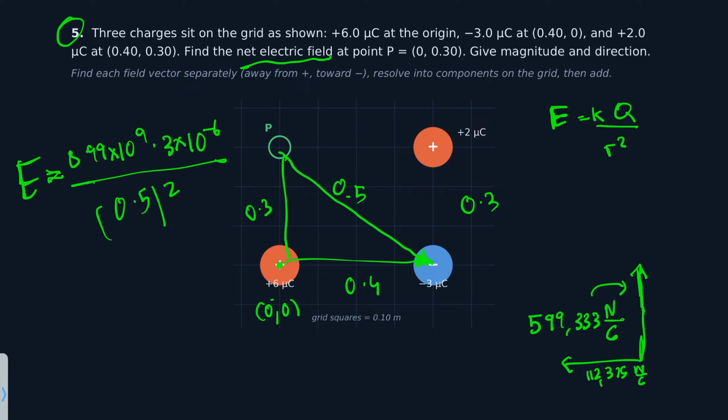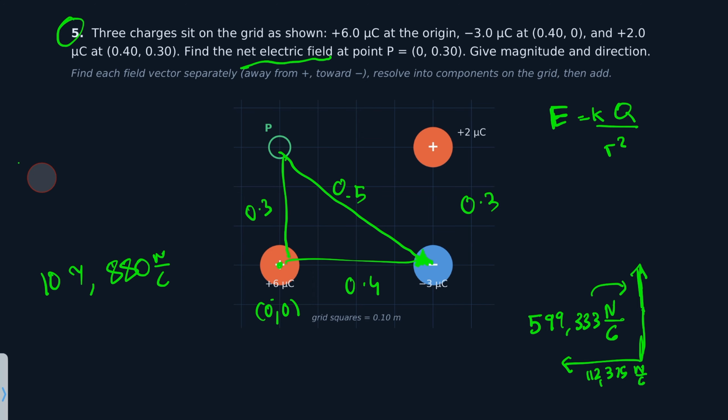Times 10 to the 9 times 3 times 10 to the negative 6, and then that divided by 0.25. So that's about, let's see, what's that going to look like? 107,880 newtons per coulomb.